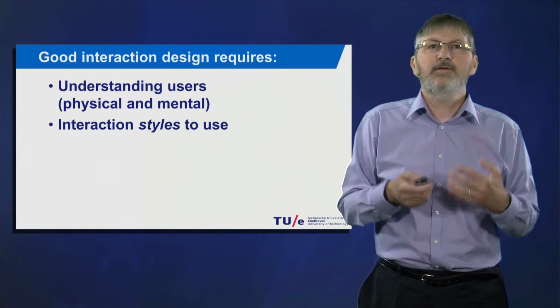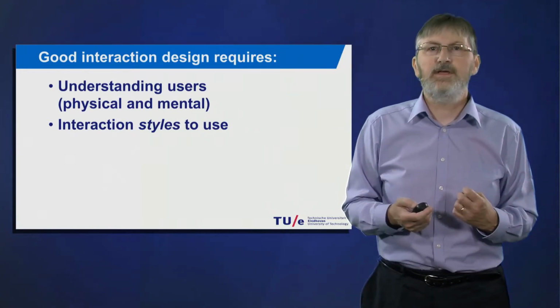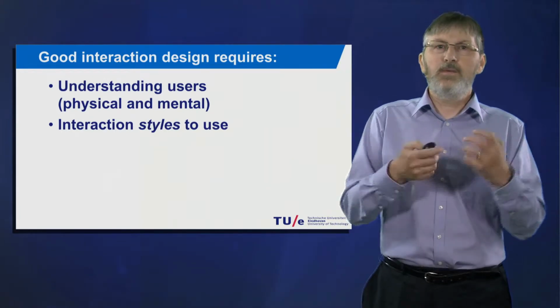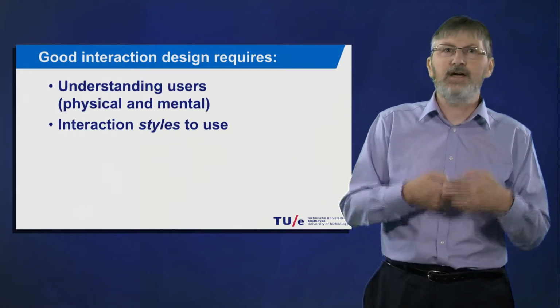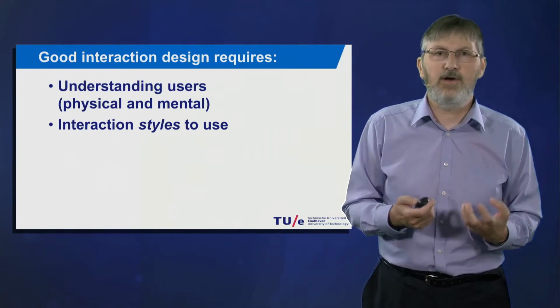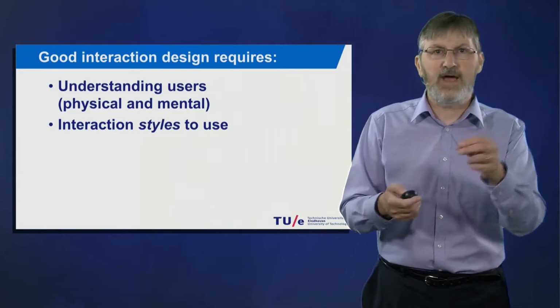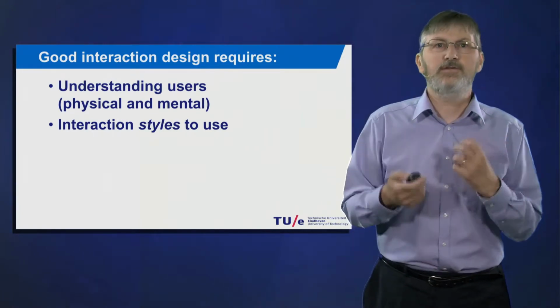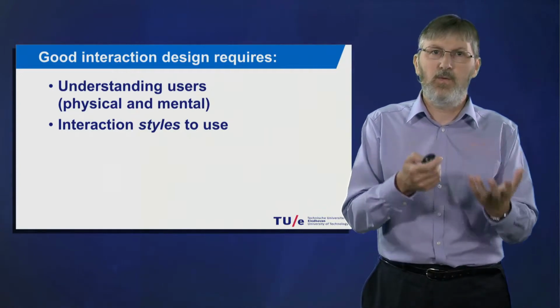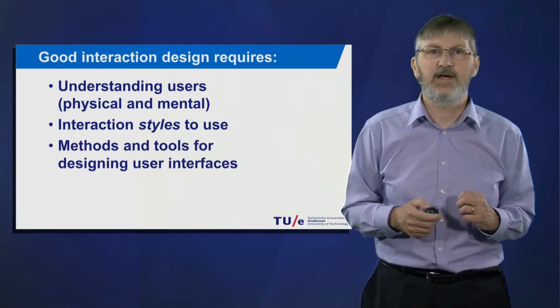They need to be understood in order to adapt interfaces to what they can do. We will learn about interaction styles to use. Think, for instance, of direct manipulation, of drag and drop. It's not the best for every interface, but we will learn when to use which interaction style.